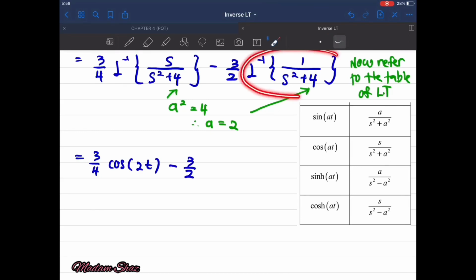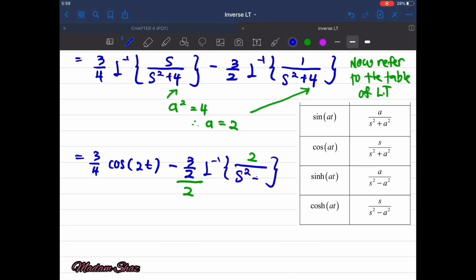For the second Laplace inverse, the upper side here is the number 1. Based on the table, the upper side is a. So we have to write 1 in terms of a, whereby a is equal to 2. Laplace inverse. So whereby we write 2 at the upper side, you have to divide 2 at the front. s square plus 4.